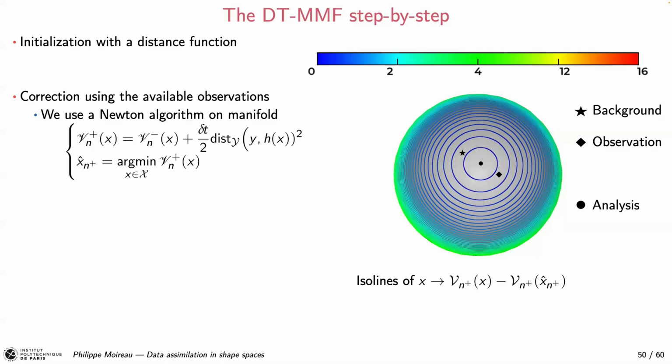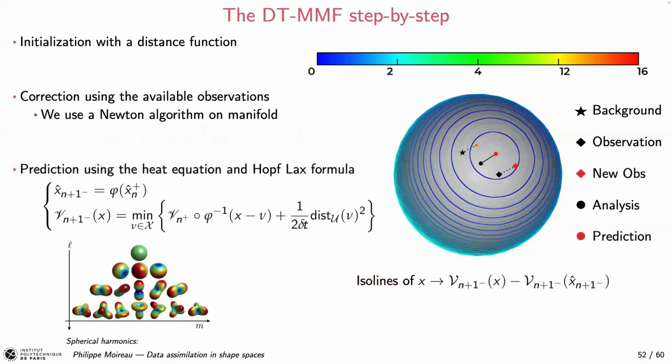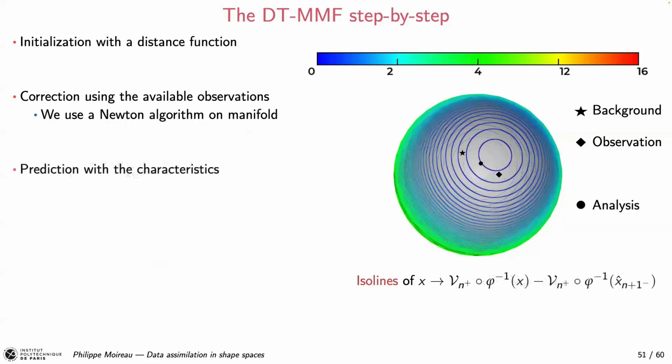And then you predict. You first apply the model to compute this quantity. So it's the same value function where you follow backward the characteristic of the dynamics. So it moves here.